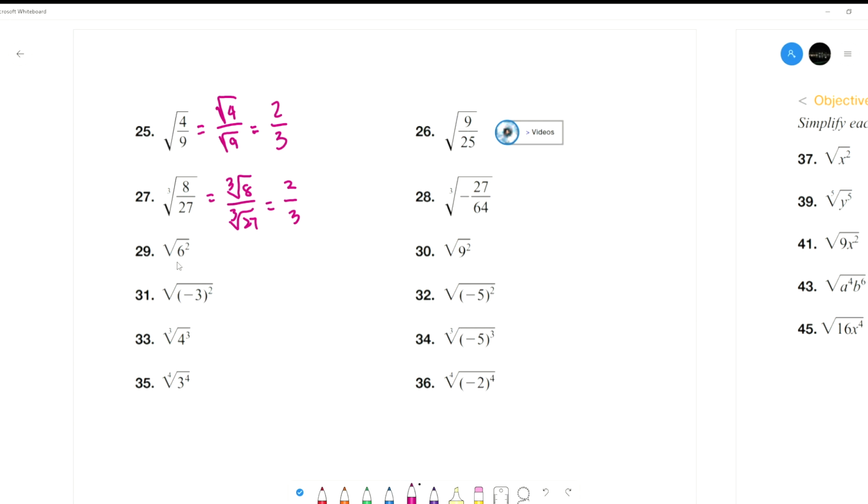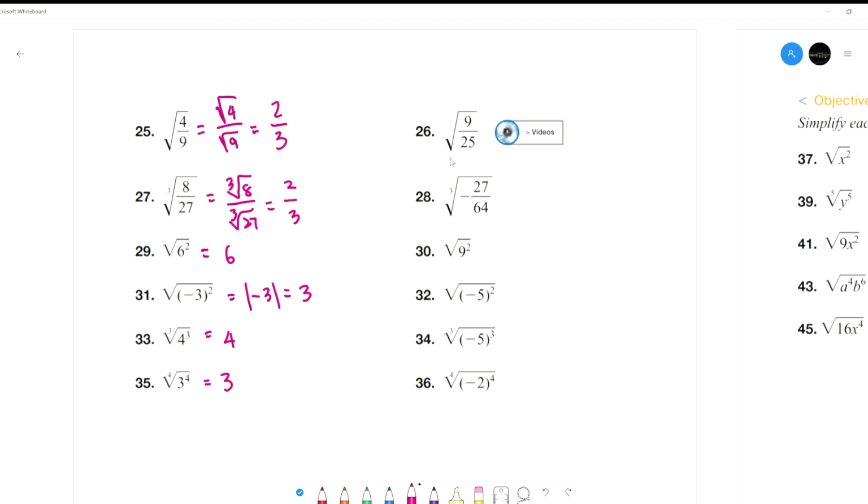Square root of 6 squared is just 6, right? However, the square root of negative 3 squared is the absolute value of 3, which is equal to positive 3. Cube root of 4 cubed is just 4, right? And the fourth root of 3 to the fourth is just 3.